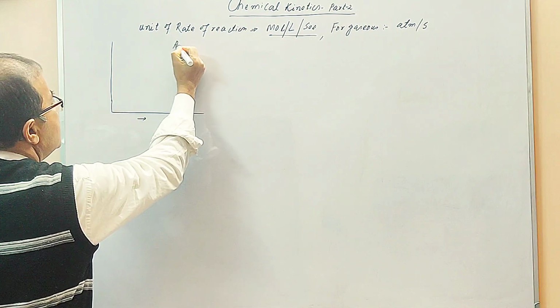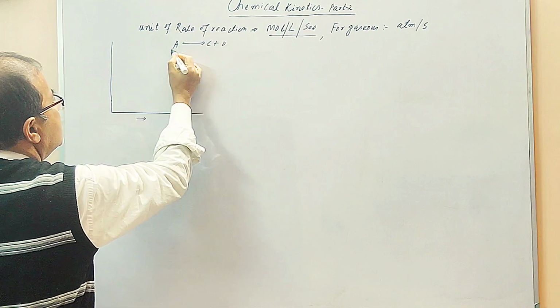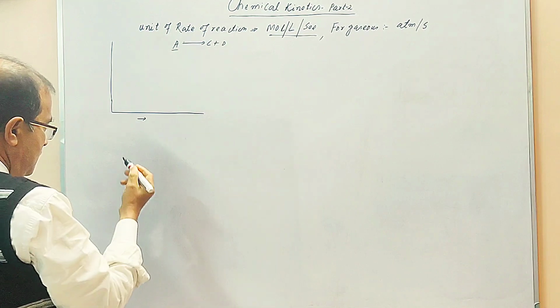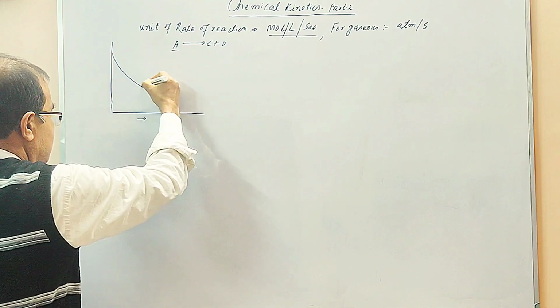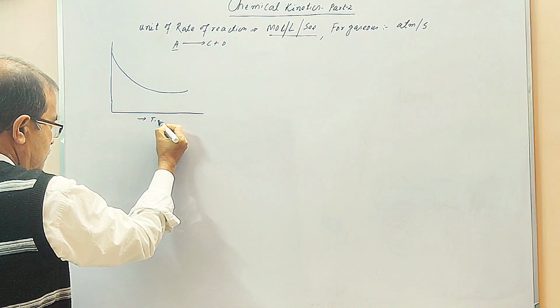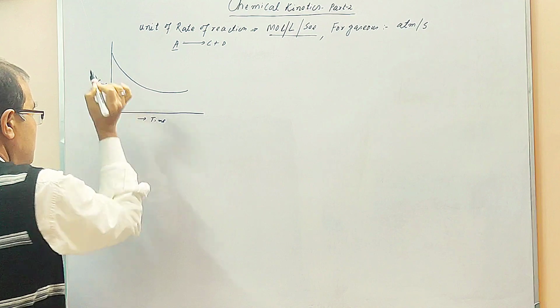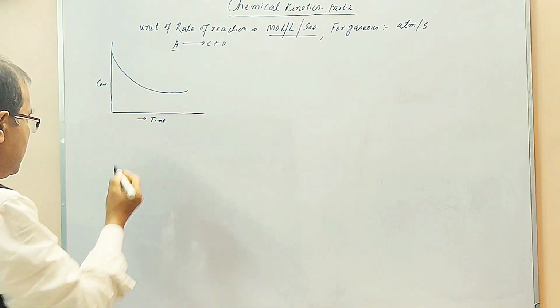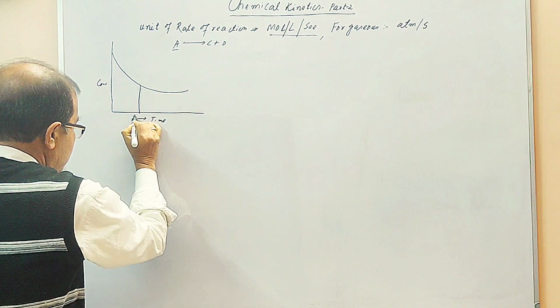Suppose this is a reaction, A gives C plus D, and this is the time versus concentration curve. This is 5 seconds.